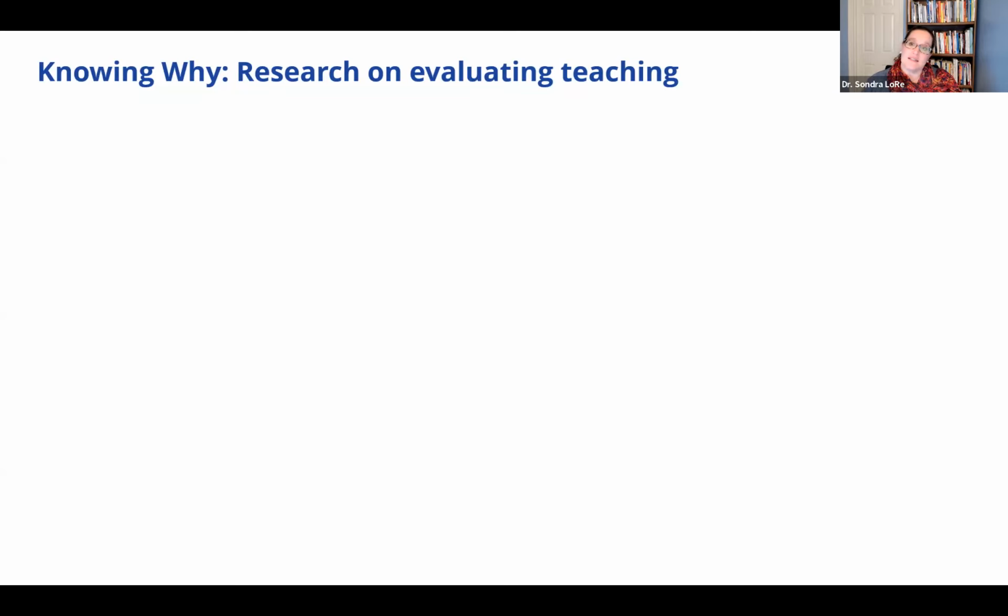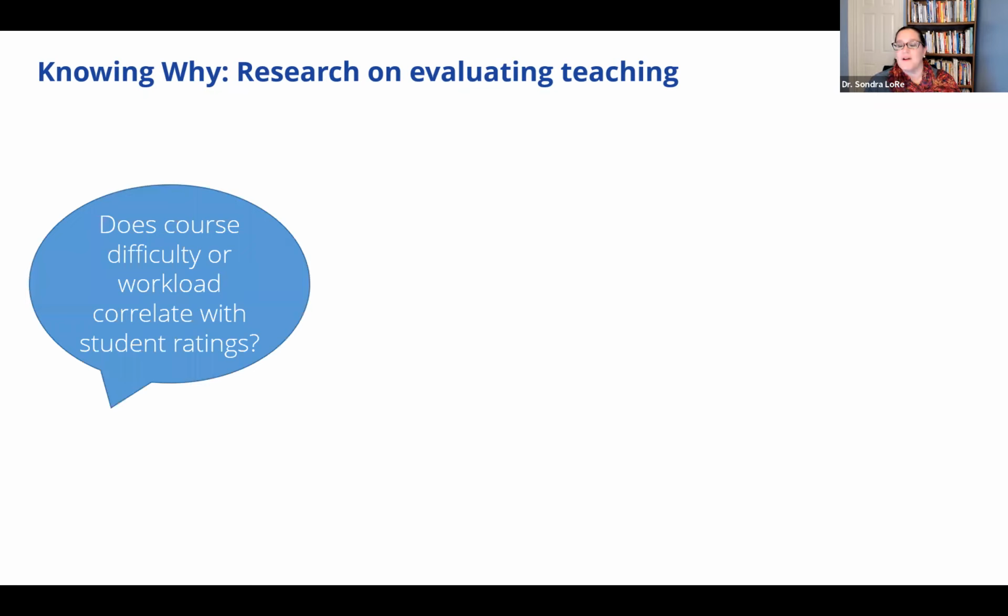But we looked at some other research questions that often come up in this literature, and we talked about the results. For example, a question that often occurs in research is, does course difficulty or workload correlate with students' ratings? Do faculty that have an easy program get higher scores than those that students perceive as more difficult courses?